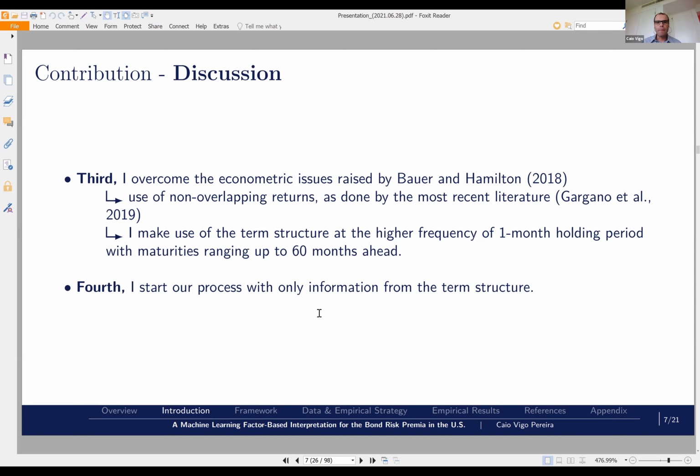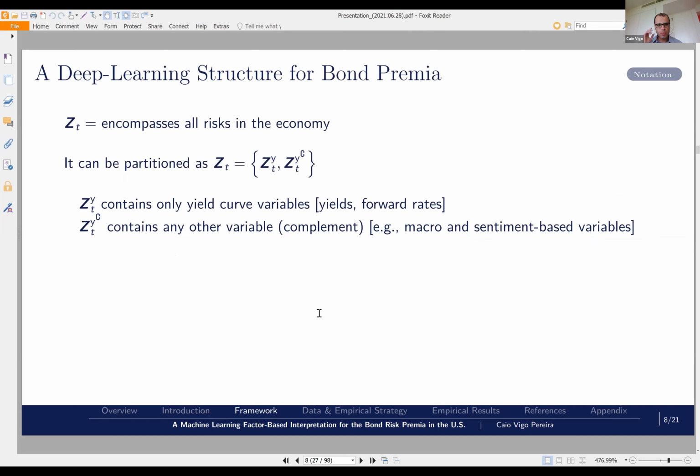Okay, quick comment here about how the process works, the deep learning structure for bond premium. Well, this literature said, let's put everything in a matrix Z that changes at each T, time dependent. It should encompass all the risk in the economy.